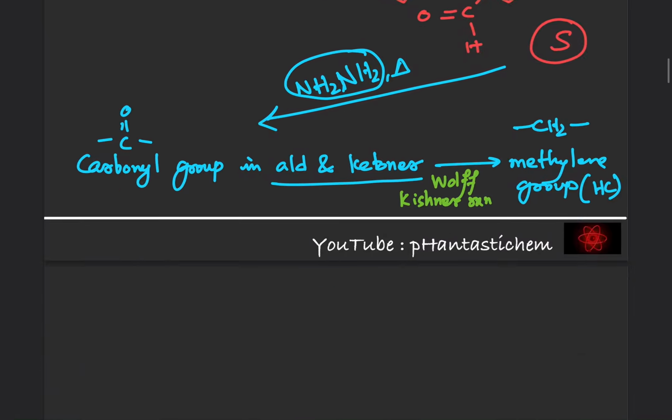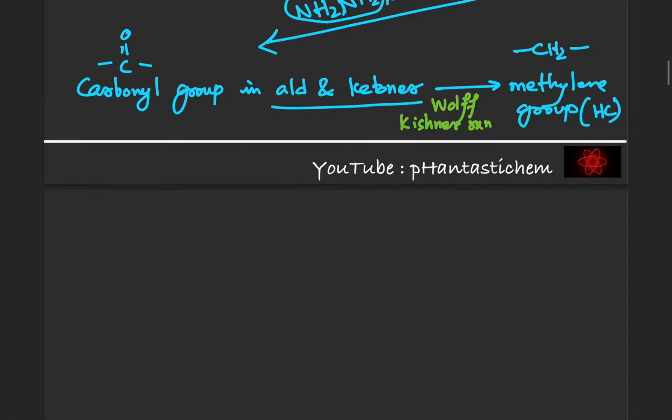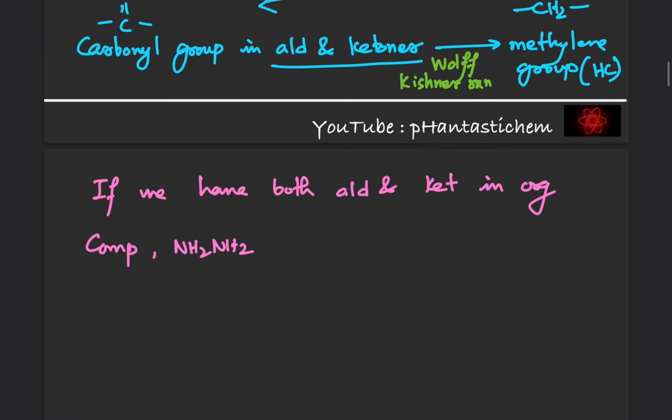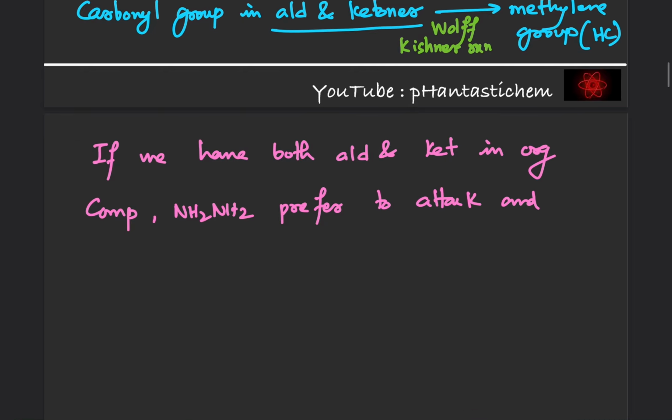So I will write it down. If we have both an aldehyde and a ketone in an organic compound, NH2, that is hydrazine, prefers to attack and reduce the aldehyde over the ketone.